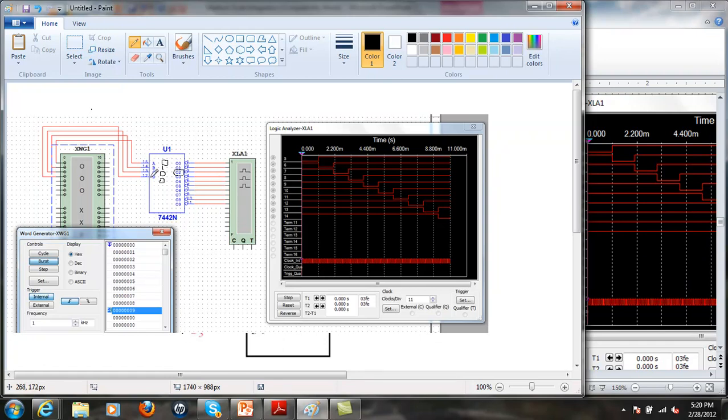And it will count up. As this number counts up, it will successively activate each one of these outputs.